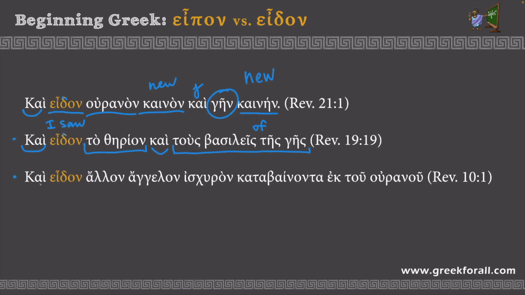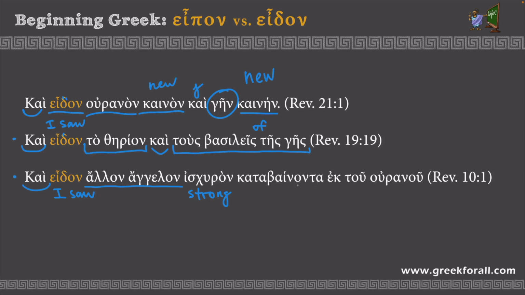And the final example, kai eidon allon angelon ischuron katabainonta ek tou ouranou, Revelation 10:1. And I saw allon angelon, another angel, ischuron, strong. So, and I saw another strong angel, katabainonta.